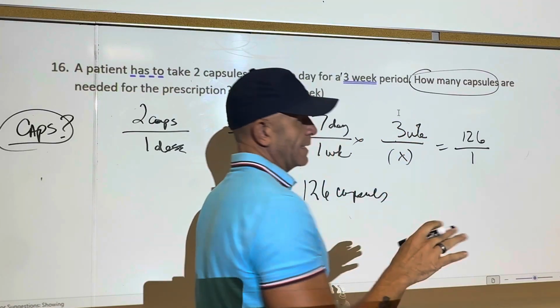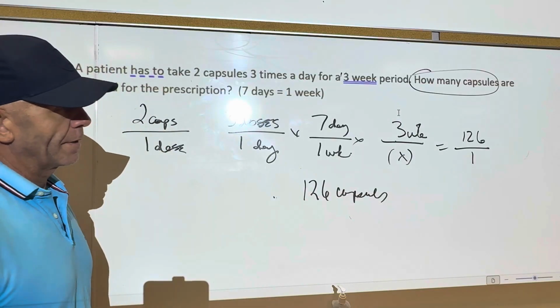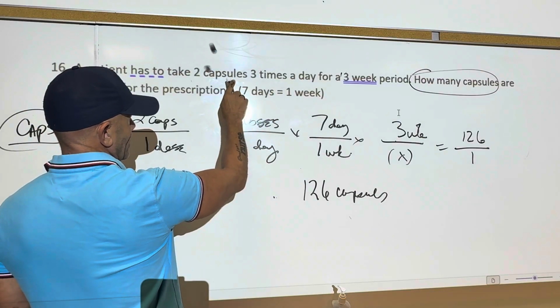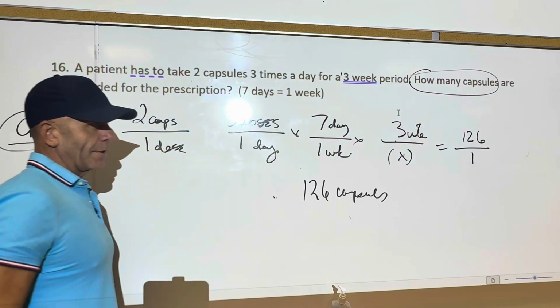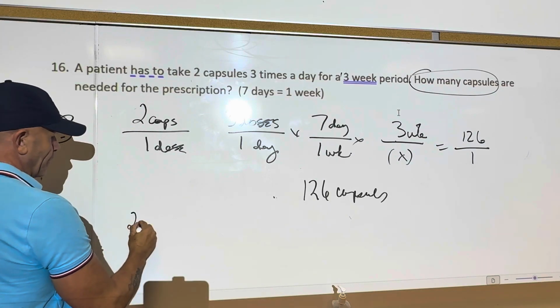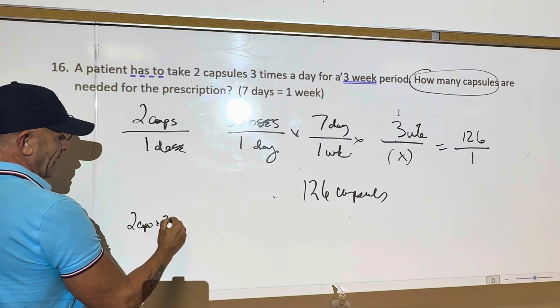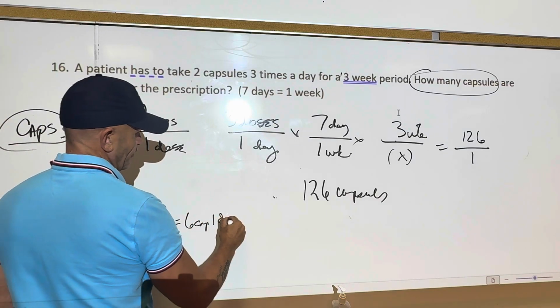Now, this is another one. Now these are easy to break down and check your work because they're much simpler. Remember I told you, if it's 3 times a day and there's 2 capsules per dose, 2 capsules 3 times a day is 6, correct? So 2 capsules 3 times a day equals 6 capsules a day.